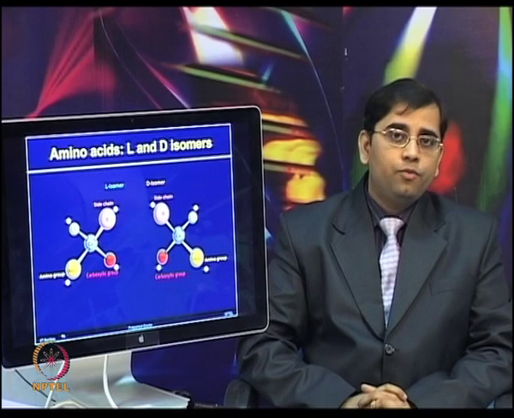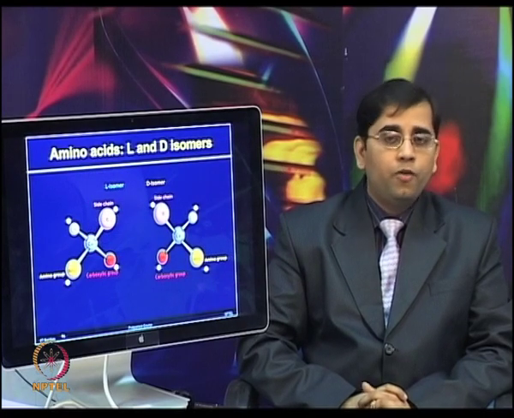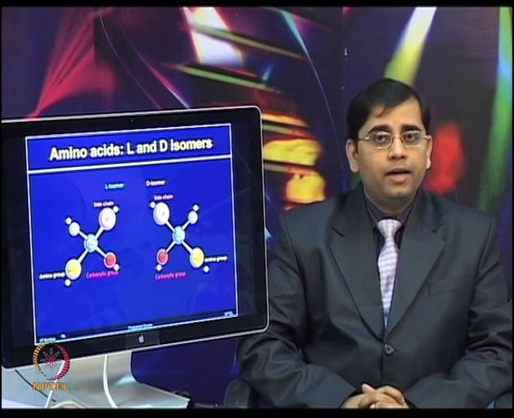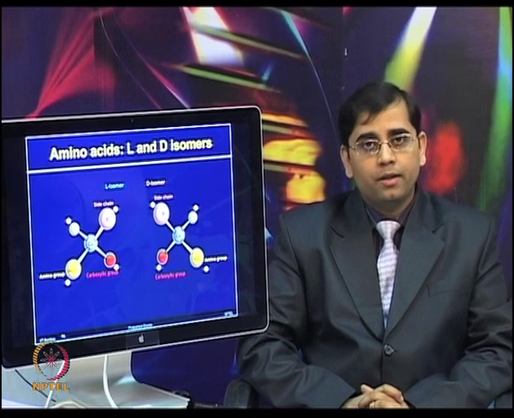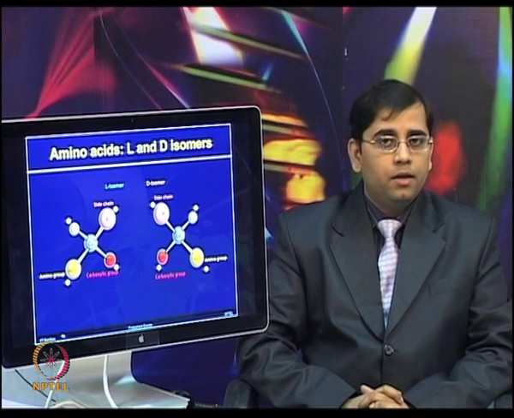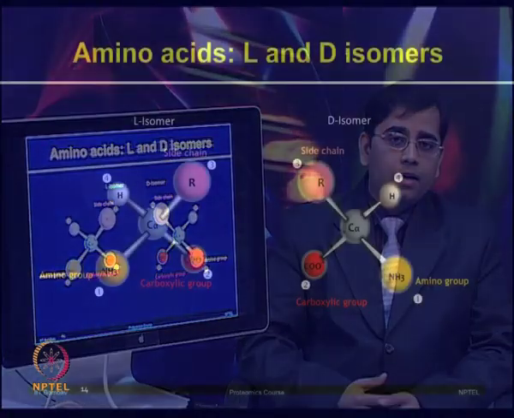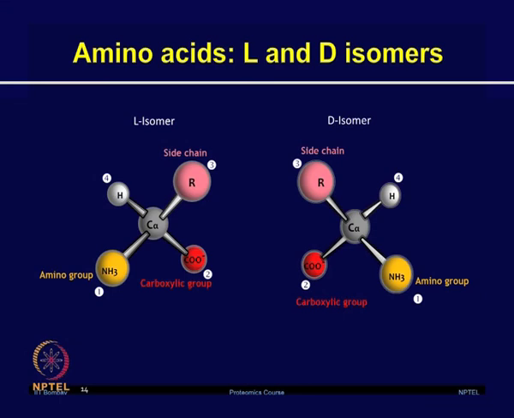After having discussed the different groups of amino acids, let us look at the basic constituents of amino acids and the different isoforms which they can form. Amino acids have 4 different groups connected to the alpha carbon atom, so they can form 2 mirror images which exist as L or D isomers, as shown in the slide here. The alpha amino acids are chiral.